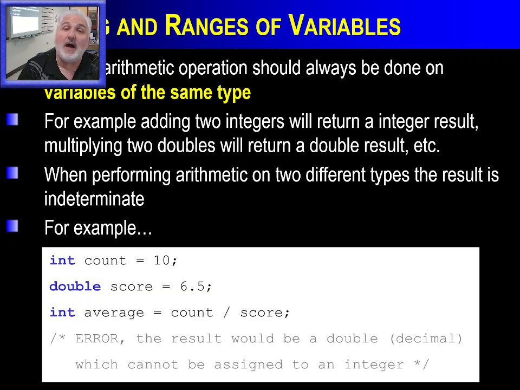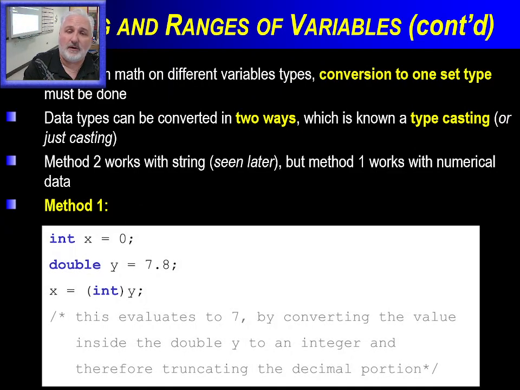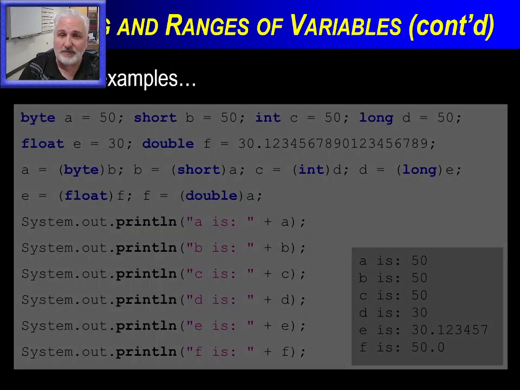It could be undetermined. So sometimes you want to convert one to another. Cast a double into an integer. This will remove the decimal portion by truncating it. It won't round it off. It'll just remove the decimal portion. Similarly, you can cast an integer into a double. It just adds it so that it can now be calculated into double type values.